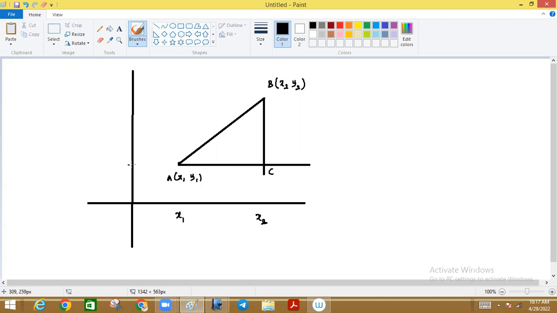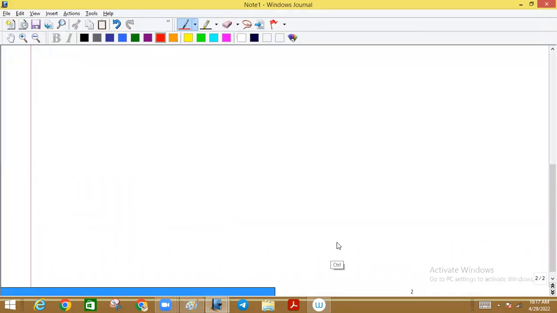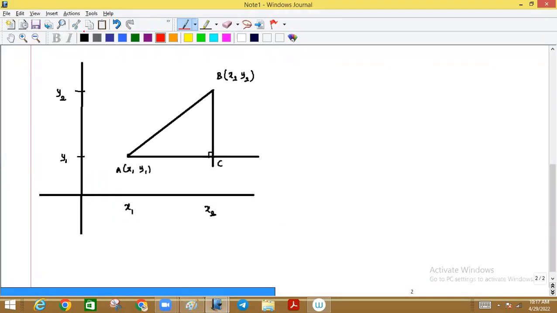Now what about this? Y1 here, y coordinate. What about this? Y2. Can you tell me what is the distance between these two? Y2 minus y1. And between these two? X2 minus x1.